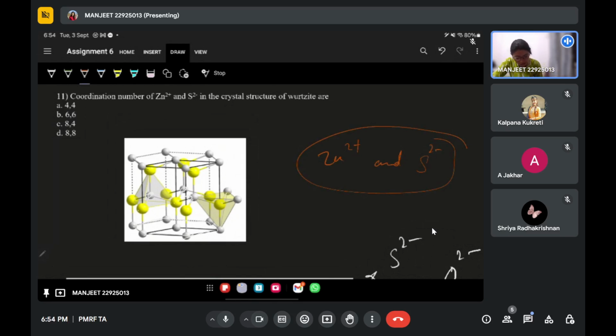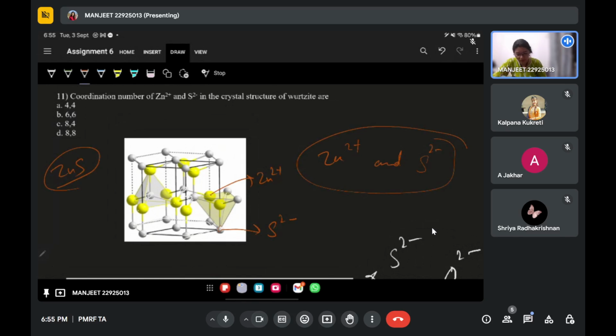This yellow is your Zn2 positive, and this gray color is the S2 negative. This is for zinc sulfide, because zinc sulfide exists in two forms, mostly wurtzite and zinc blende.